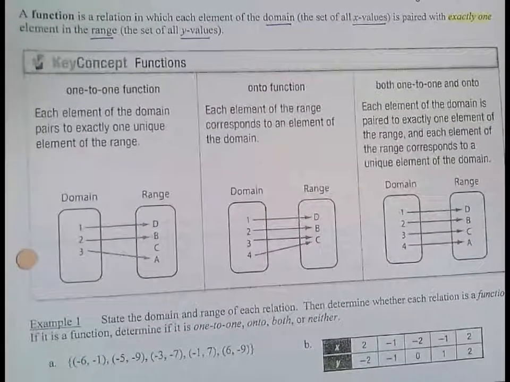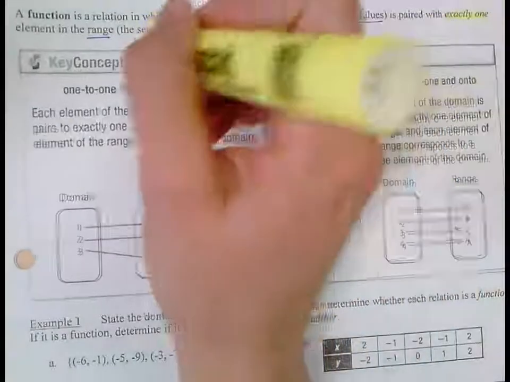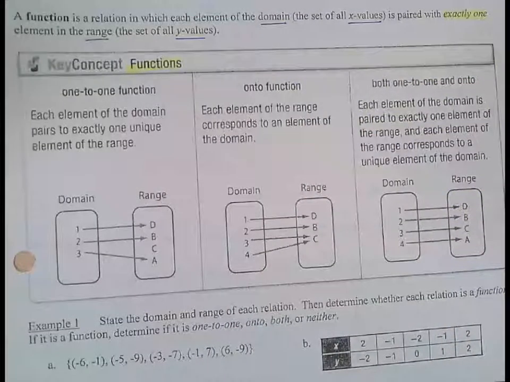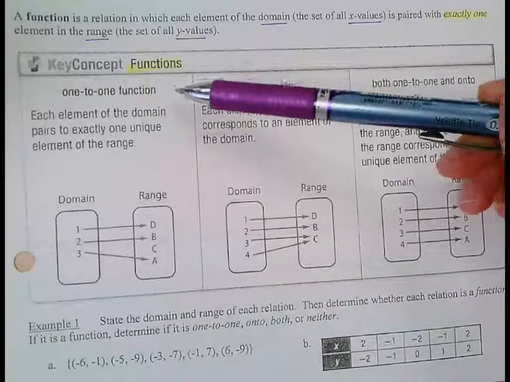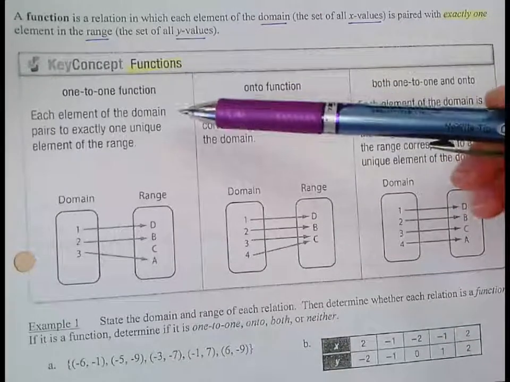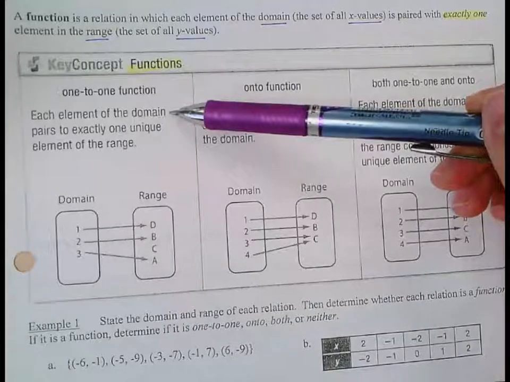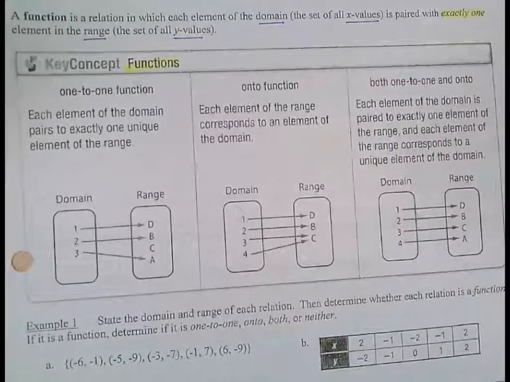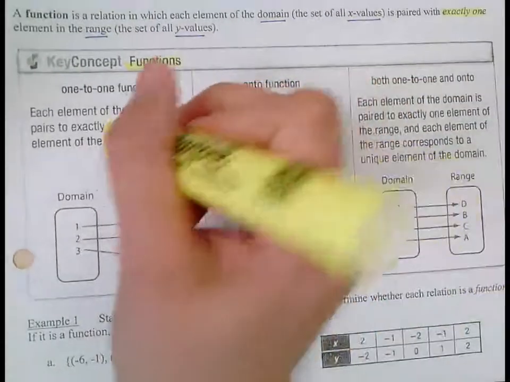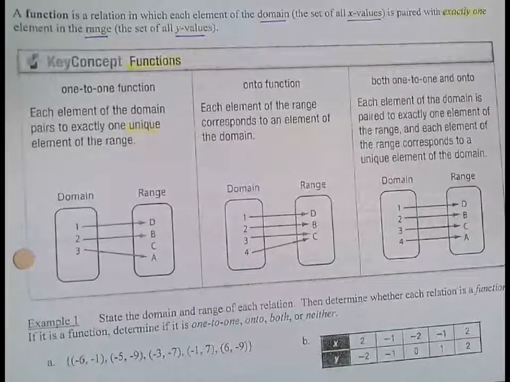And then before we get into examples, if you know that you have a function, so one-to-one and onto are specific to functions, not relations, but functions in general. A one-to-one function means that each element of the domain, so the X values, pairs to exactly one unique element of the range.